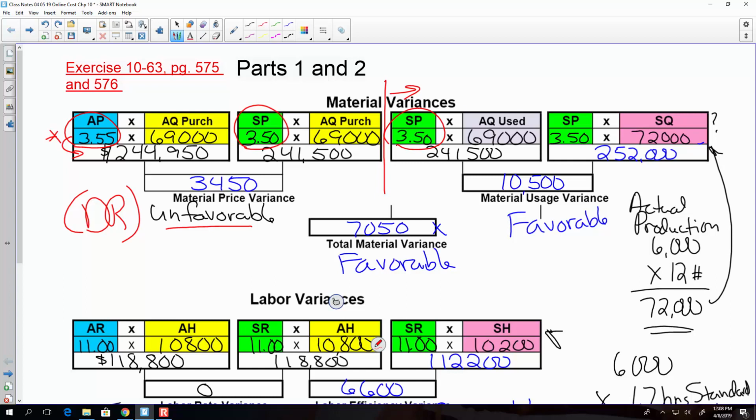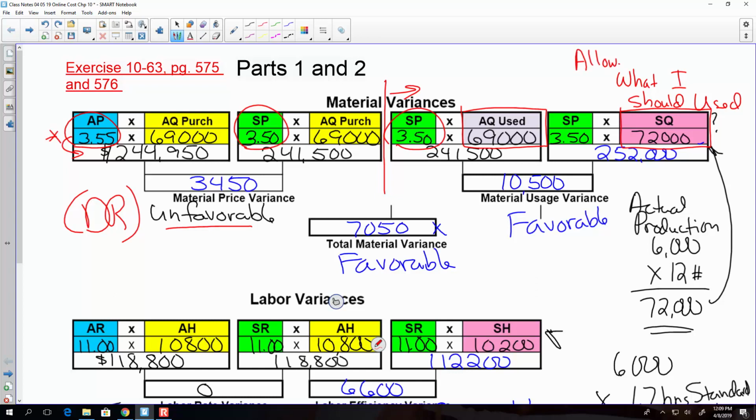So what am I comparing? I'm comparing what I used to what I should have used for the production level. What I should have used, the author calls the allowed quantity.